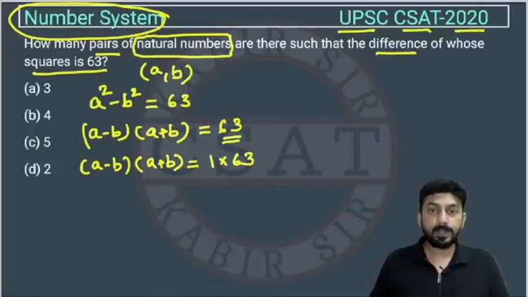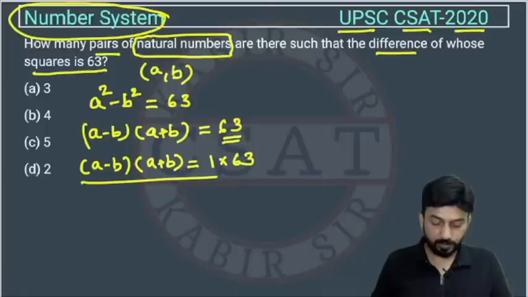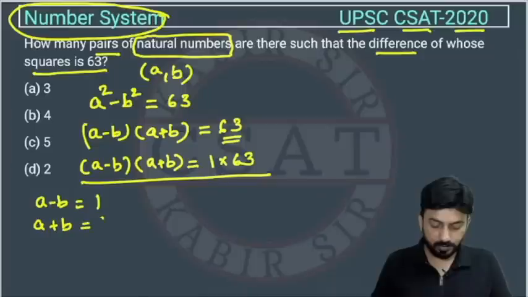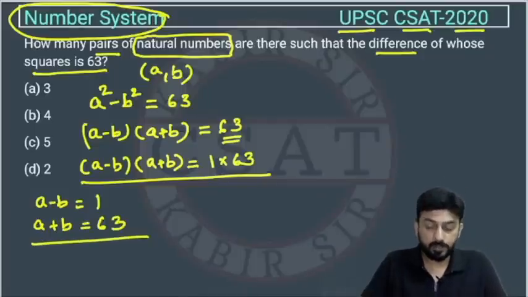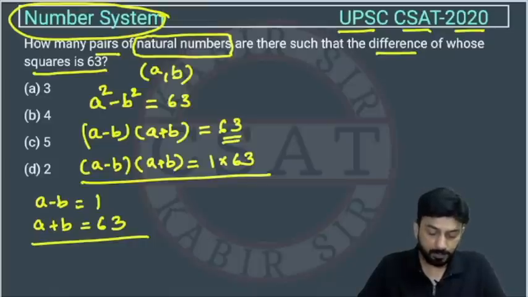Right? So now if I am assuming this, A minus B will be 1 and A plus B is 63, right? So now I will solve it. See, you can also take A plus B as 1 and A minus B as 63, right? But if you apply that, you will get negative values.